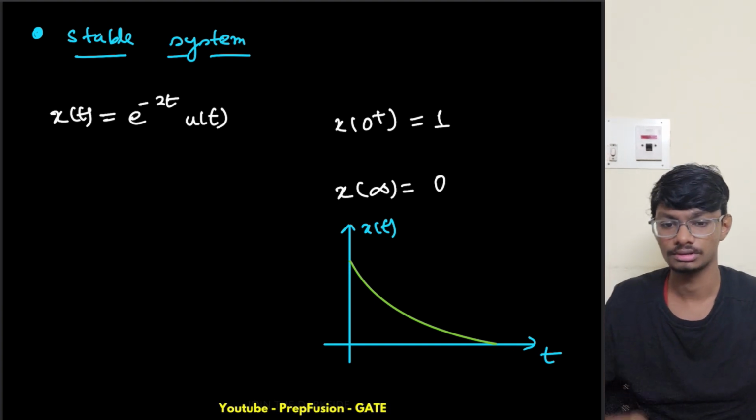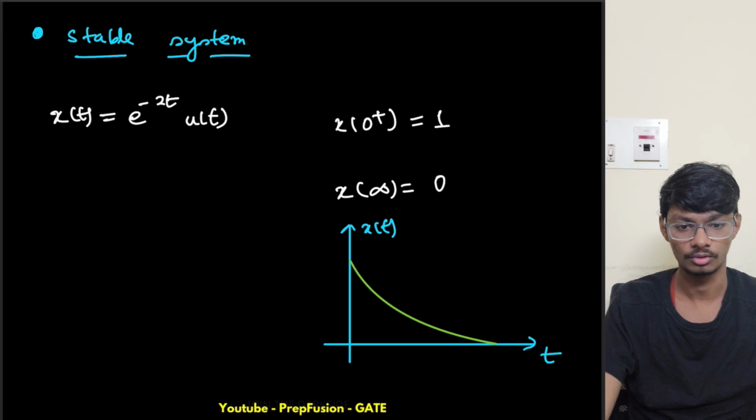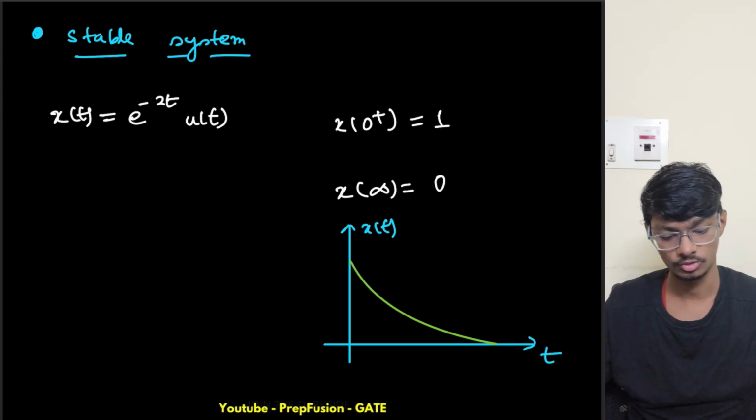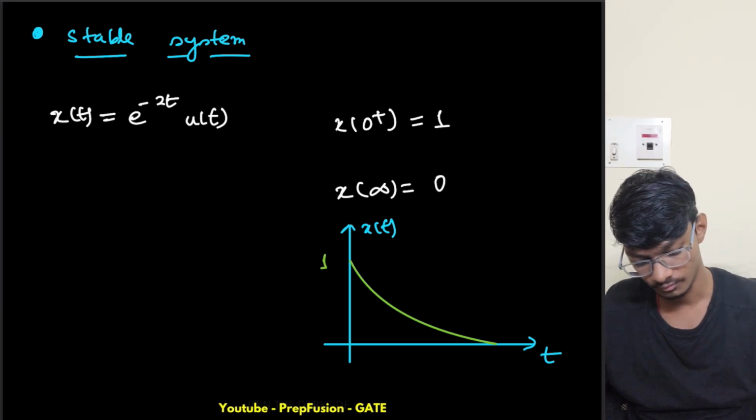So this was the signal that I was plotting. Now I will plot the sigma plus j omega axis. This is starting from 1 and going to 0.